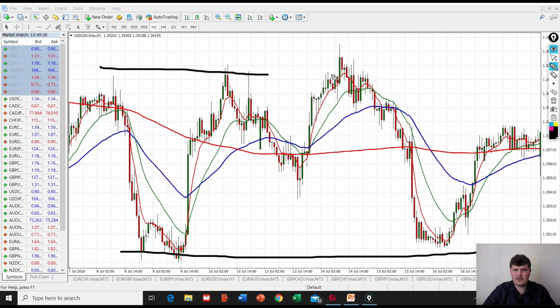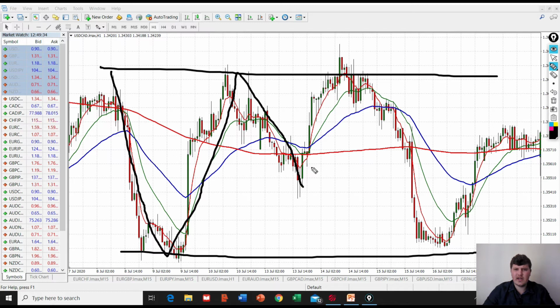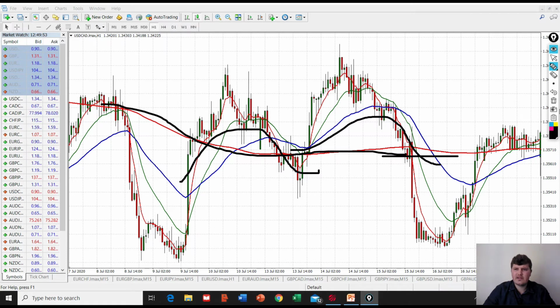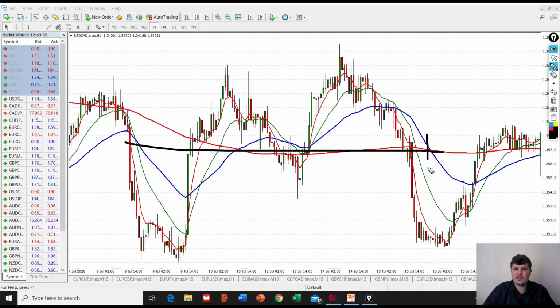There's just no clear indication where the market is going, and it's just bouncing up and down and up and down, and it's not making a higher high or a higher low. These are basically the same highs and these are basically the same lows, as well as the moving averages all just overlapping like this. So this is a sideways market or a consolidating market.